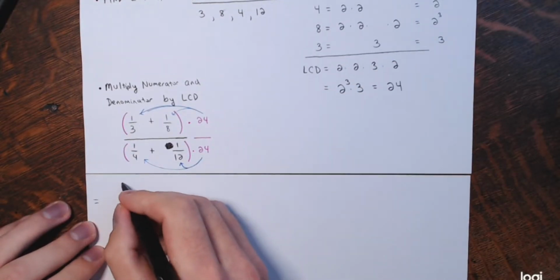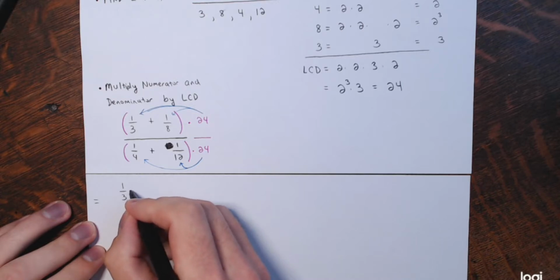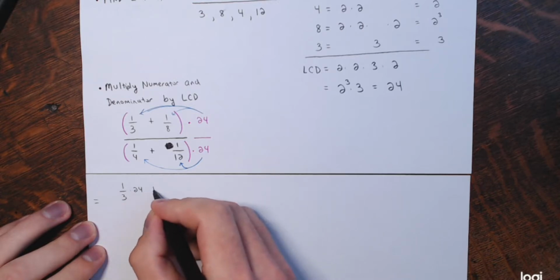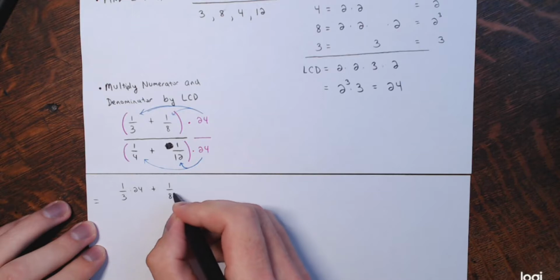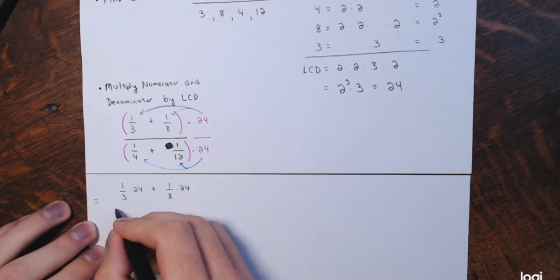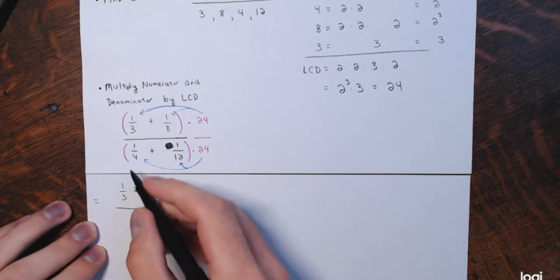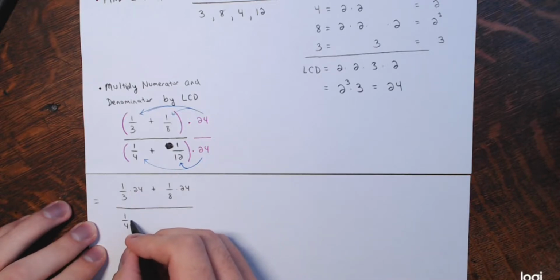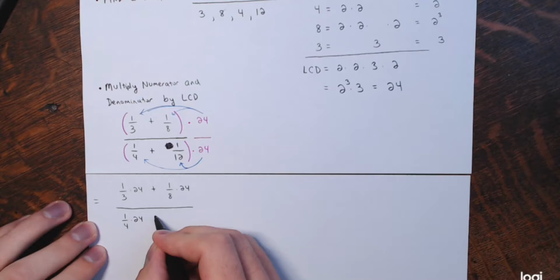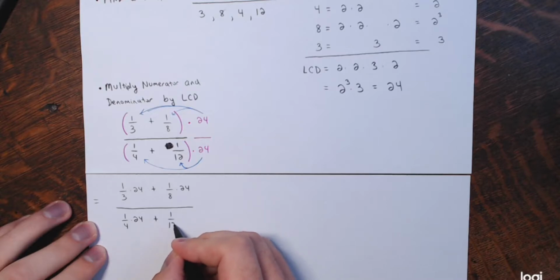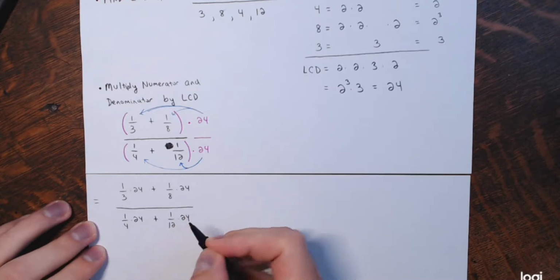So the numerator is 1/3 times 24 plus 1/8 times 24, and then the denominator is 1/4 times 24 plus 1/12 times 24.